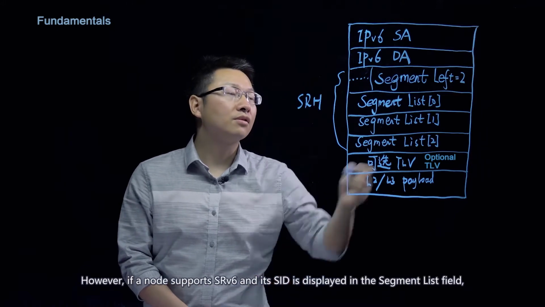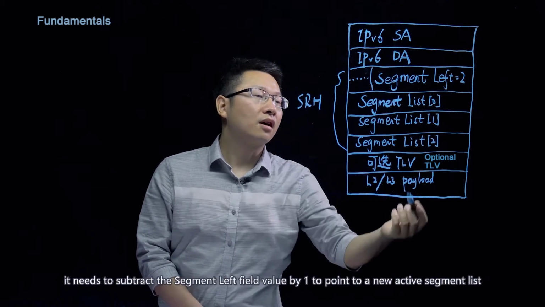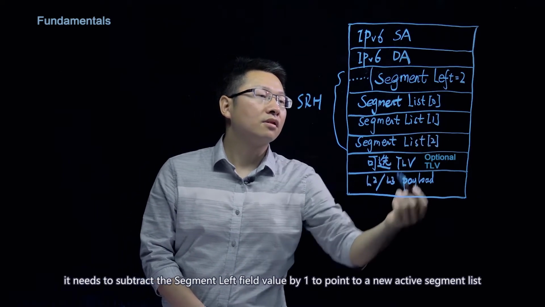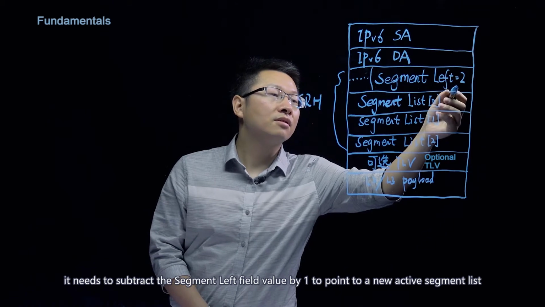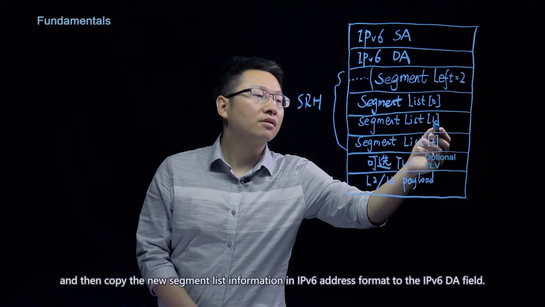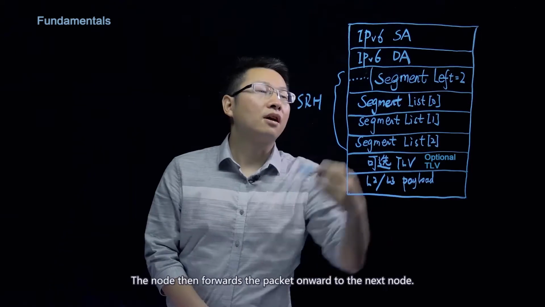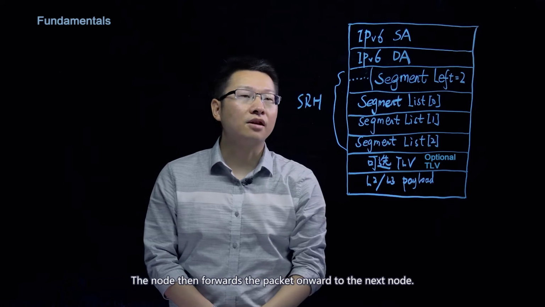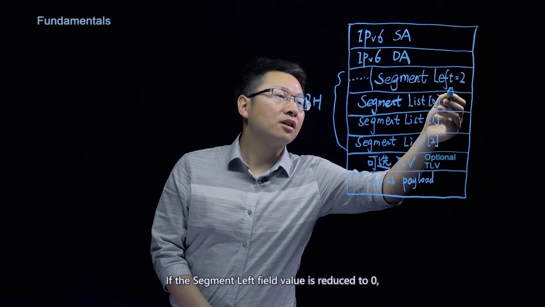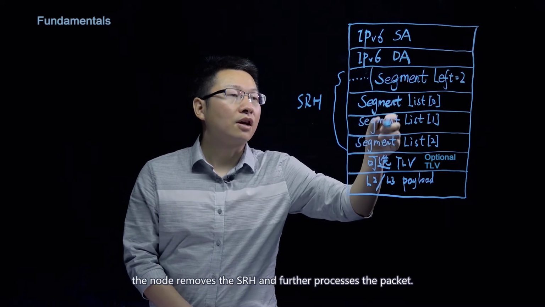However, if a node supports SRv6 and its SID is displayed in the segment list field, it needs to subtract the segment left field value by 1 to point to a new active segment list, and then copy the new segment list information in IPv6 address format to the IPv6 DA field. The node then forwards the packet onward to the next node. If the segment left field value is reduced to 0, the node removes the SRH and further processes the packet.